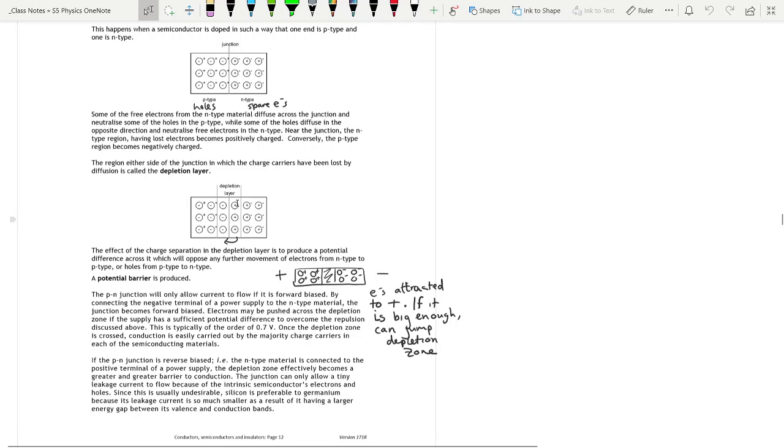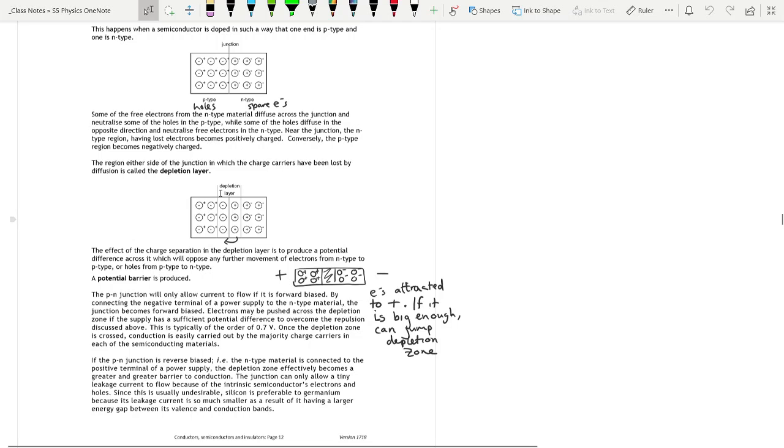So for electricity to flow, we have to supply some energy for these electrons here to overcome this depletion layer and fill the holes here and have sort of a current flowing, so the electrons flowing. So we call this depletion layer a potential barrier because it's a barrier to any kind of current flowing.